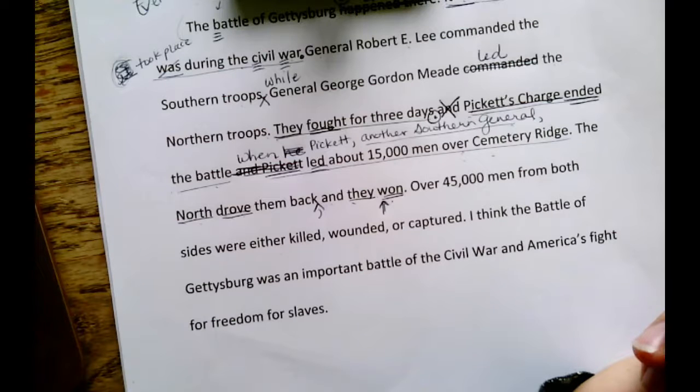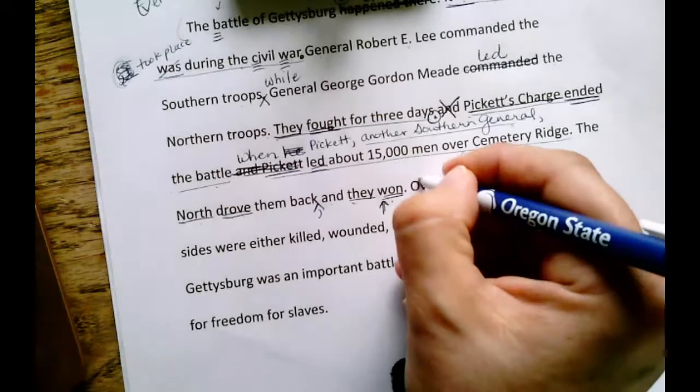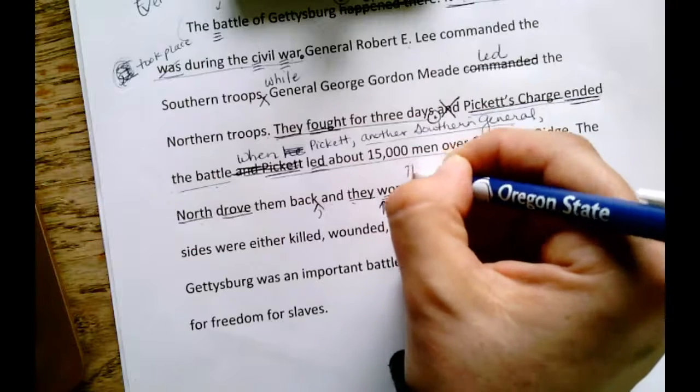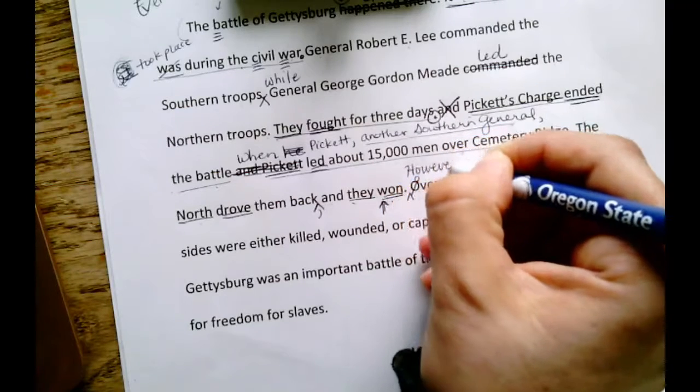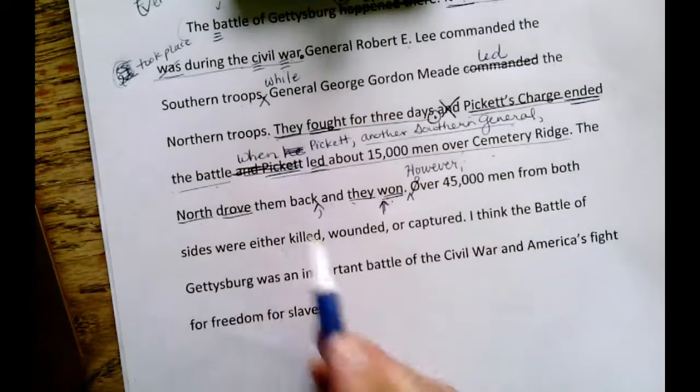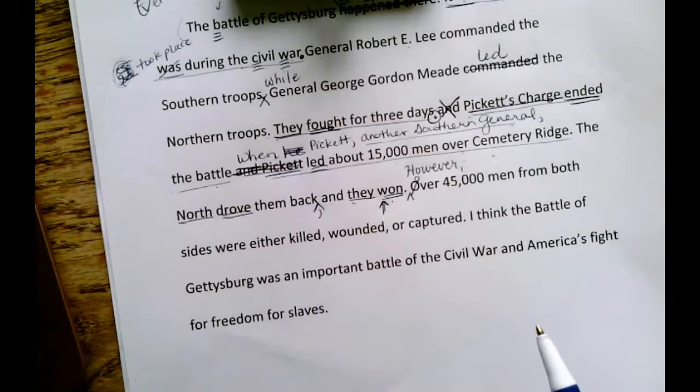But winning in war, there's always losing. There's always loss on both sides because it's war. So I would change and make this a lowercase o, and I'm going to add in the word here, however, over 45,000 men from both sides were either killed, wounded, or captured.